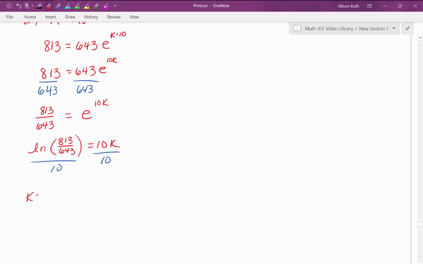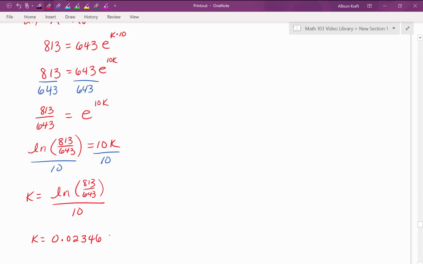This gives us k equal to the natural log of 813 over 643, all that divided by 10. We'll plug this into our calculator and get a decimal approximation that we'll round to 5 decimal places. We get k to be equal to 0.02346.